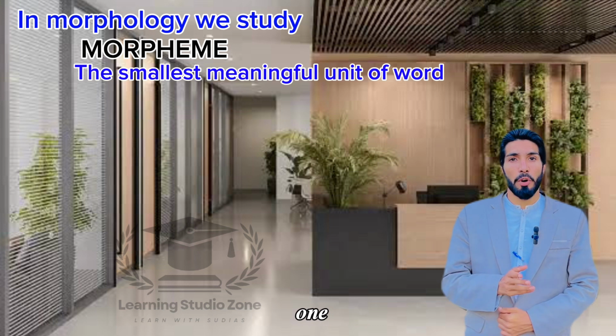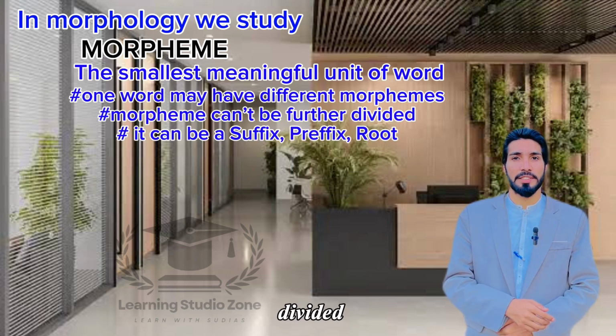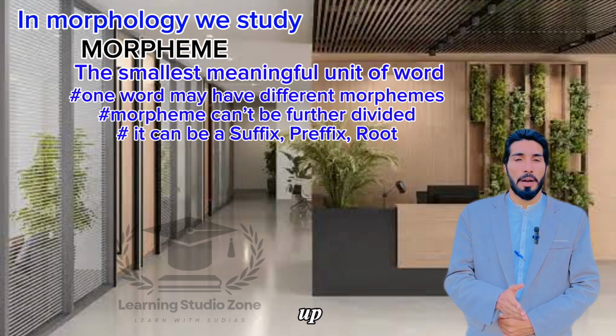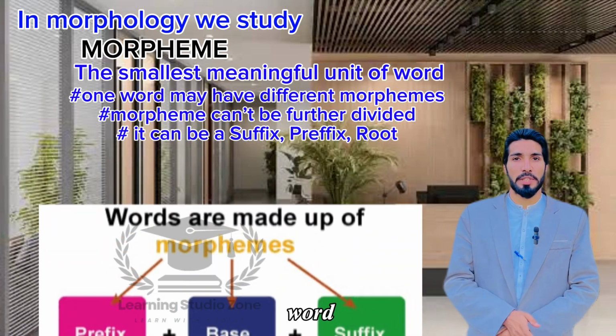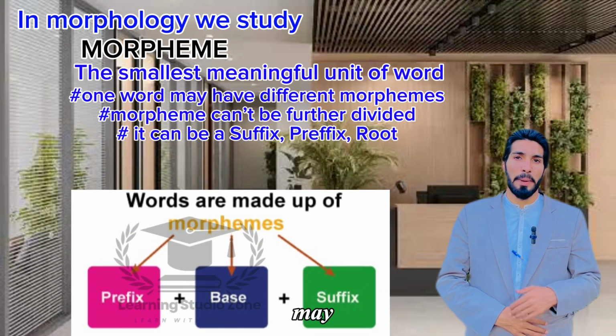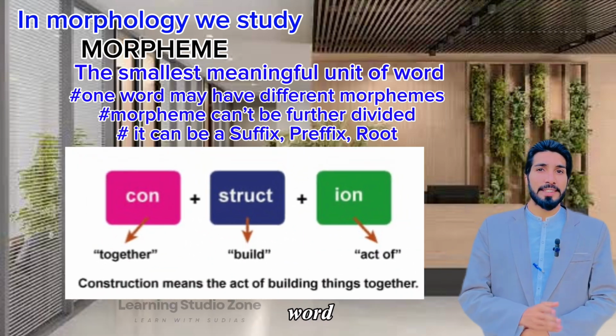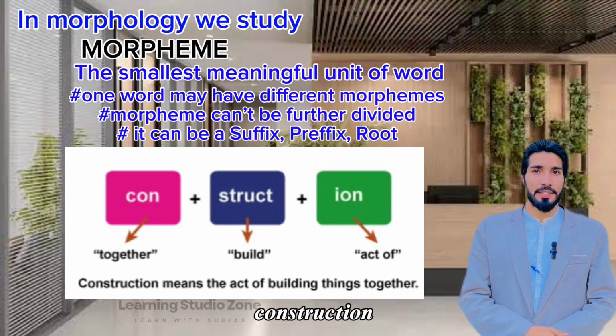One word may have different morphemes. A morpheme can't be divided further. Words are made up of morphemes. A word can consist of the base word, which we call the root, and a prefix, and it may also consist of a suffix. For example, we have the word construction. In construction, we have three different morphemes.